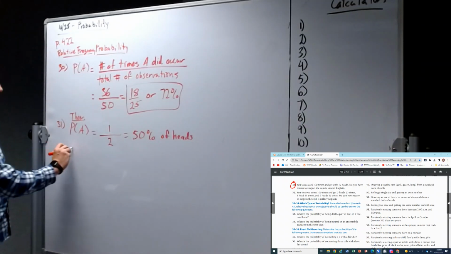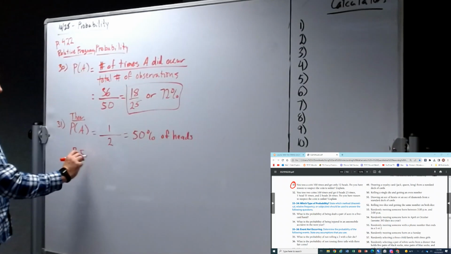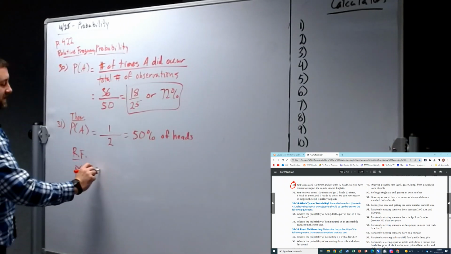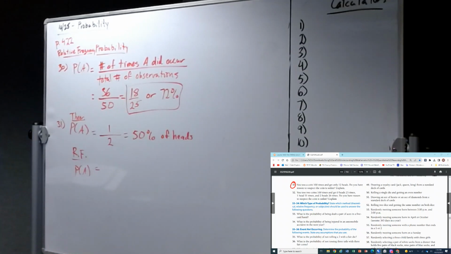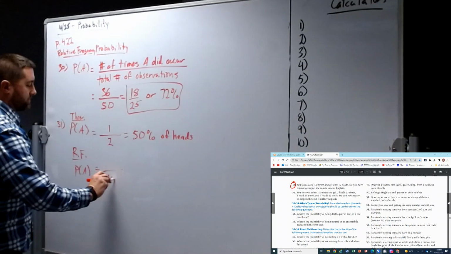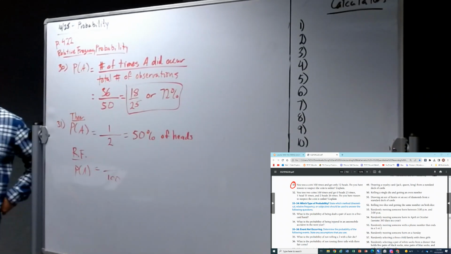Now, if we're going to do the relative frequency of this, relative frequency uses the actual data. So you actually went and tossed it 100 times. That's where the 100 goes. How many heads did you get? 12.